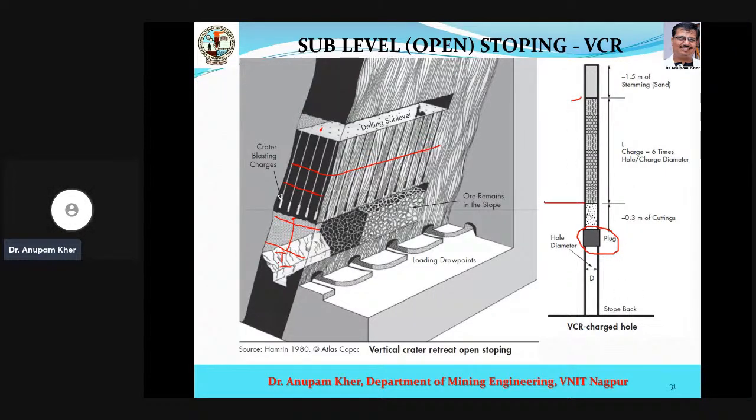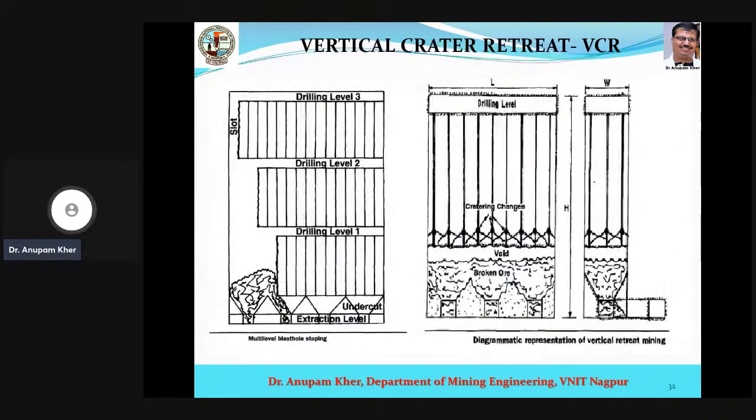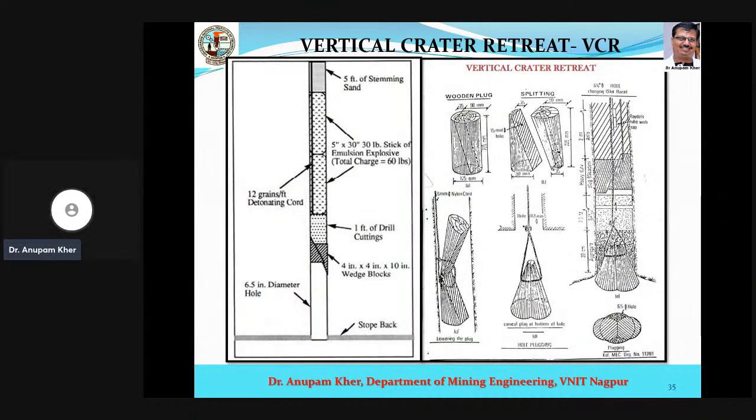There is complete science; we will have to understand, for example, if the charge is 6 times the hole diameter, and everything, in detail. There could be one complete lecture on every method. So this is the VCR method, and it is also an open stoping.